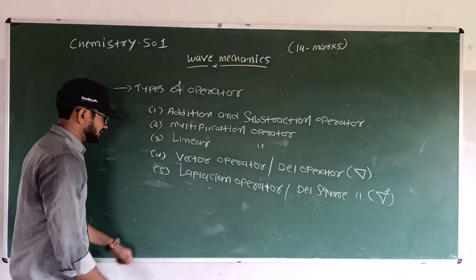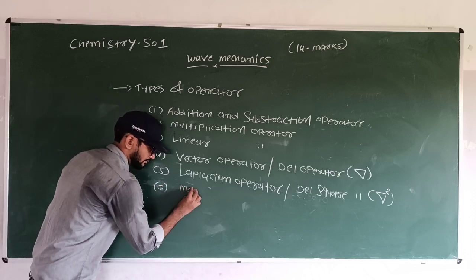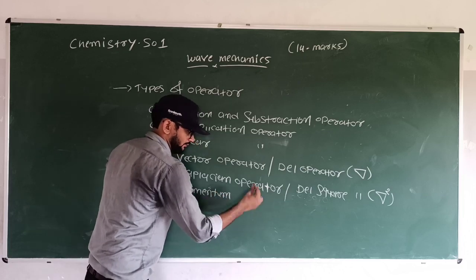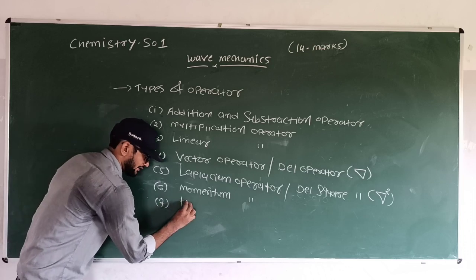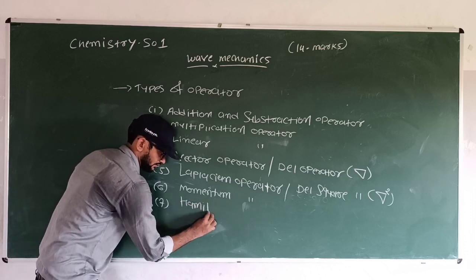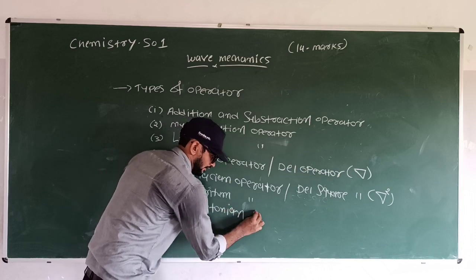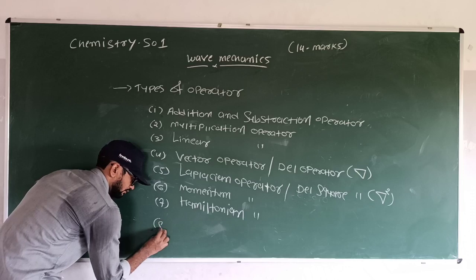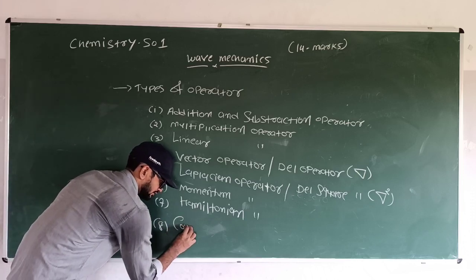Then after fifth, the sixth one is the momentum operator. Then the seventh, the Hamiltonian operator. And the last one is the commutator operator.